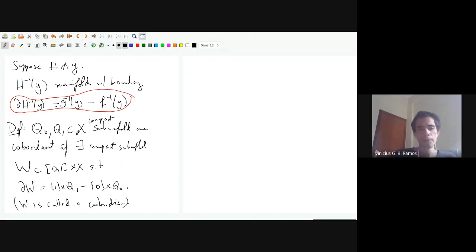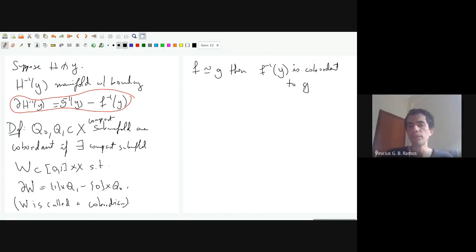Yeah, so what we saw here is that if F is homotopic to G, then the preimage of a regular value by F is cobordant to the preimage of a regular value by G. Okay, so then these manifolds, they are cobordant.